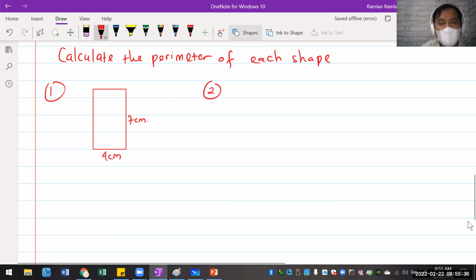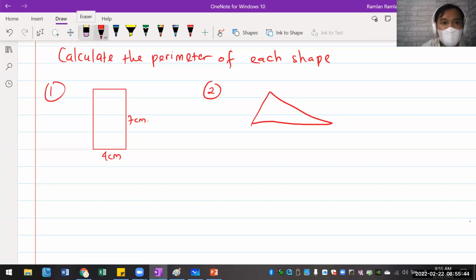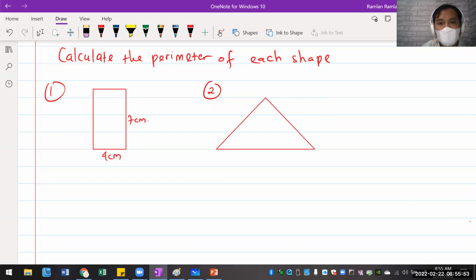Number 2, I'm gonna draw a scalene triangle. If you can use the ruler, please use it. It's not a good triangle. Oops, sorry.